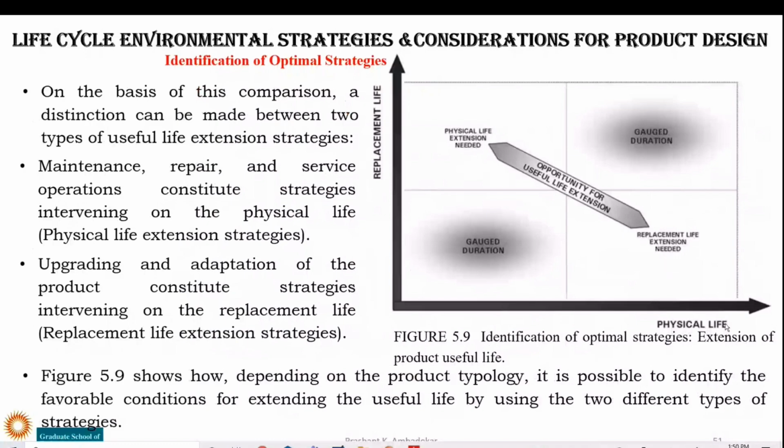Now see, physical life of the component is much more, but replacement life is less. You can see what is the replacement life here, till here on the y-axis. And what is the physical life? See, from 0 it is so long. So physical life is more, but its replacement life extension is needed.